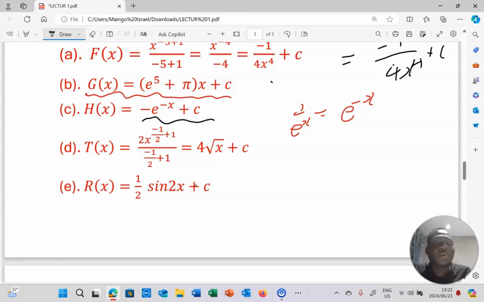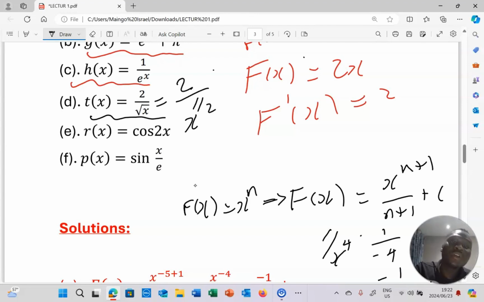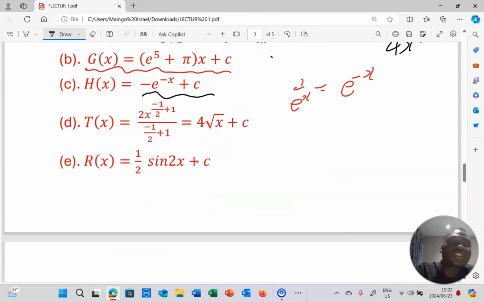So what about number D? Number D is t of x equals 2 over square root of x, but we can simplify this to be 2 into x to the power minus 1 over 2, writing it in power form. Then we're using the first rule, where we add 1 to the exponent and divide by the exponent plus 1.